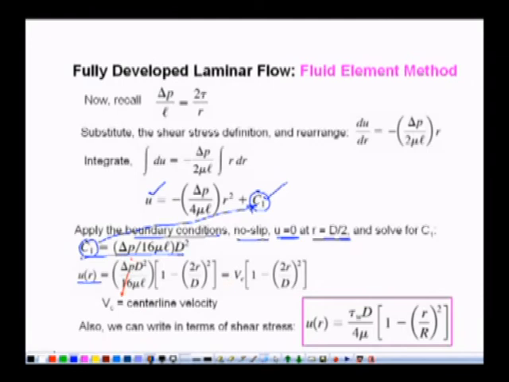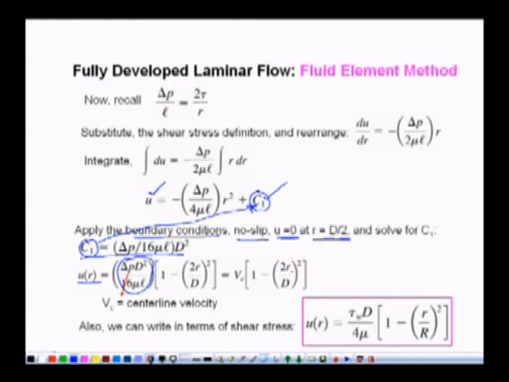If this whole thing del P D square divided by 16 mu L is written as Vc, then this may be written as Vc times 1 minus 2r divided by D whole square. Right. So, with the help of this we can say that u has a parabolic relationship with r.